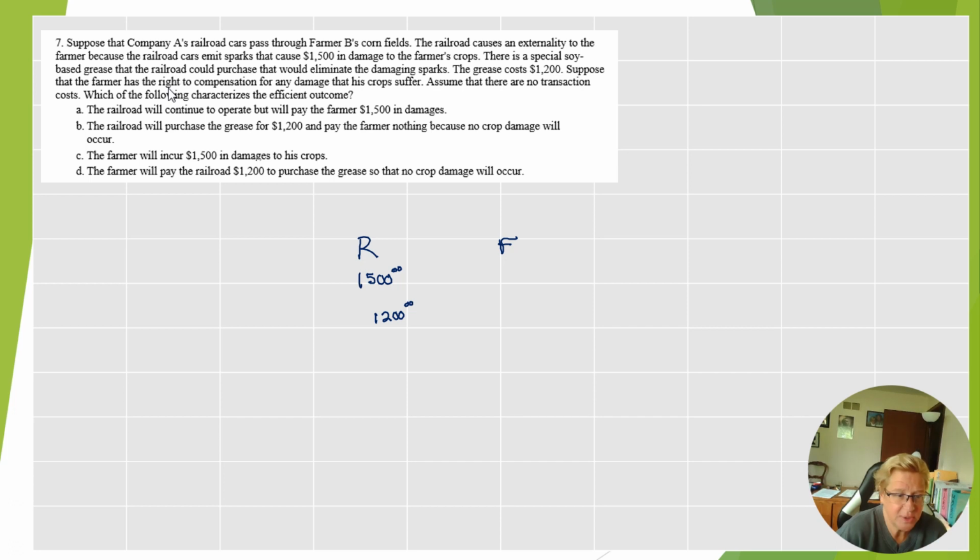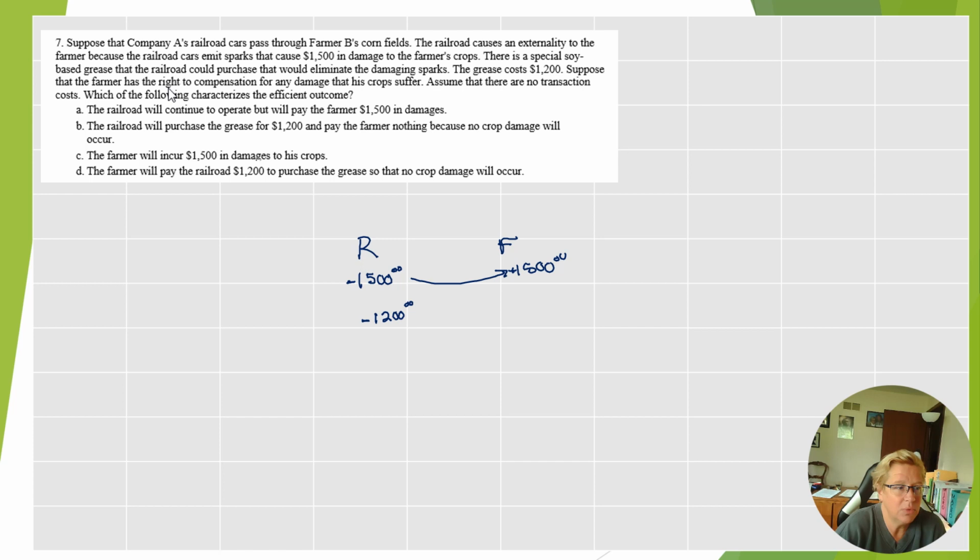So that's our situation. They can spend $1,200 or they can spend $1,500, because if they cause sparks, they're going to have to pay damages to the farmer of $1,500. That's the cost benefit scenario, looking at each person individually. And we want to look at which side we're talking about by the answers.